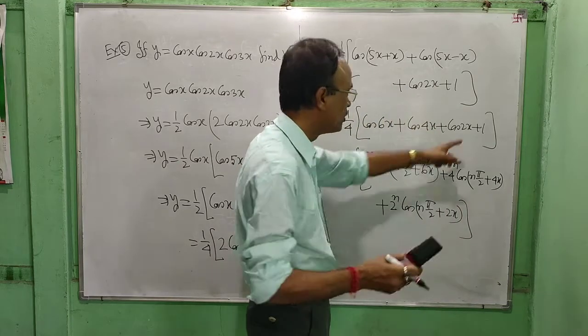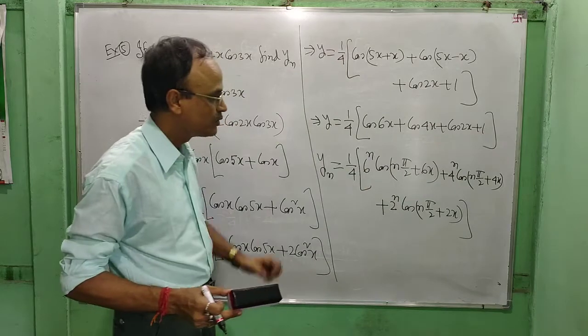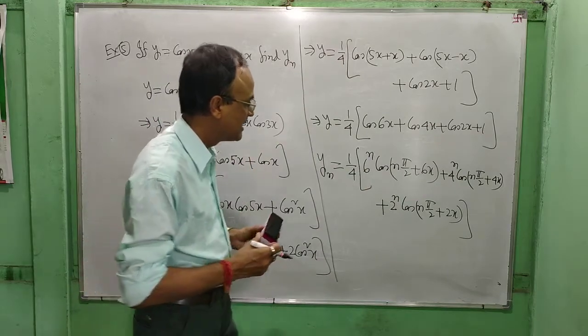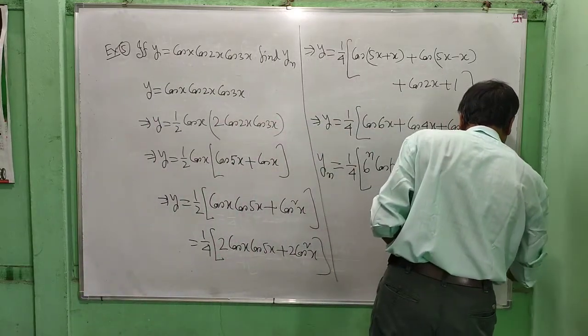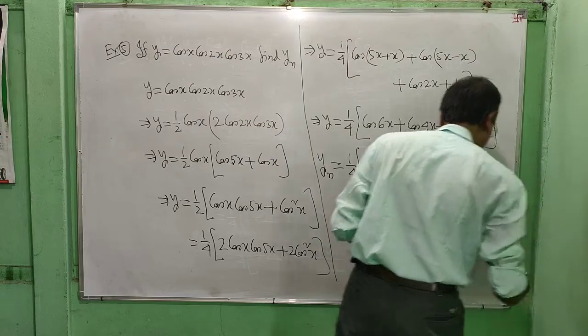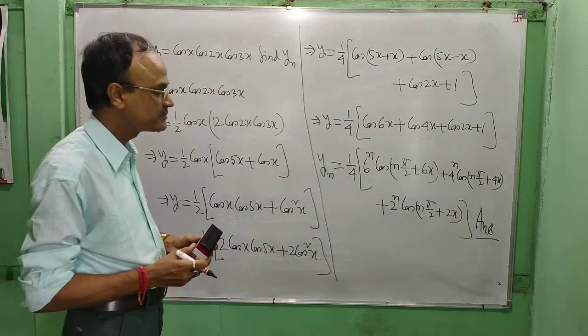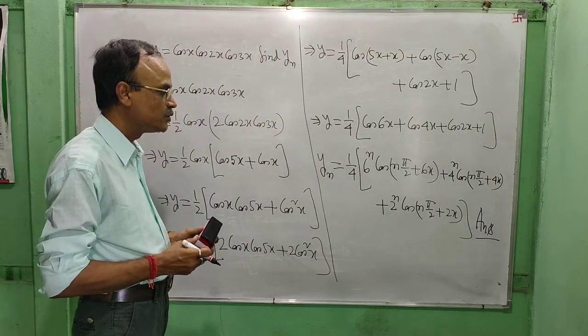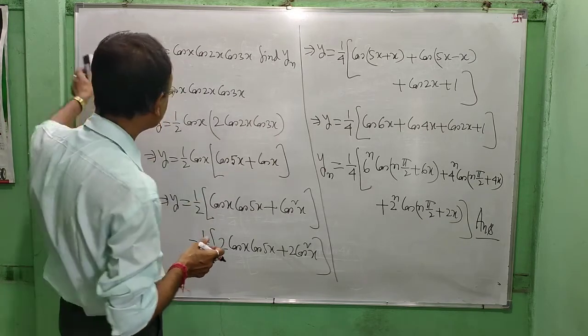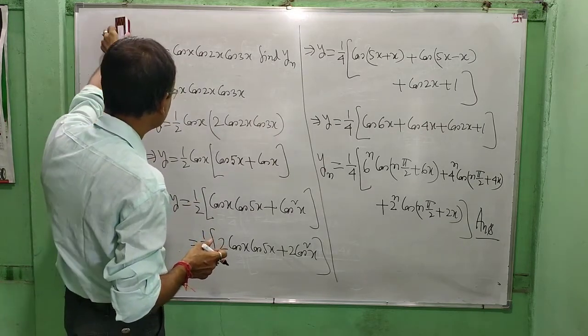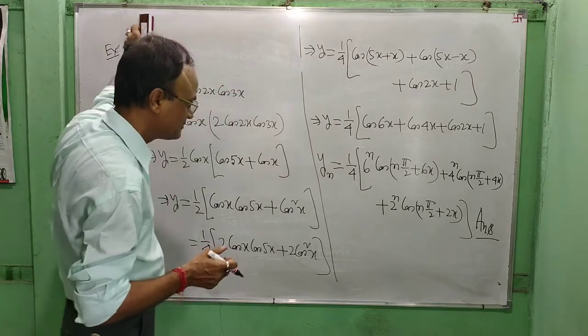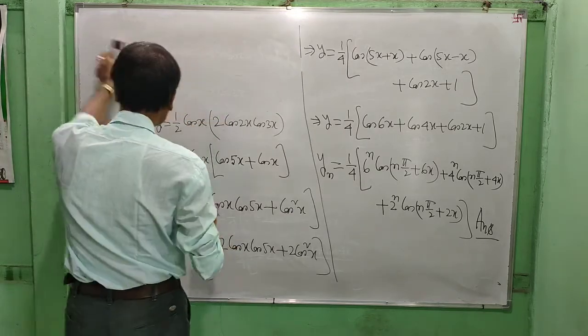And the last term will be equal to 0. Why? Because the derivative of a constant is 0. It is very easy. Fine.